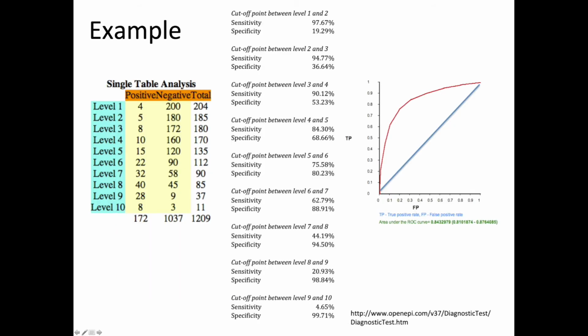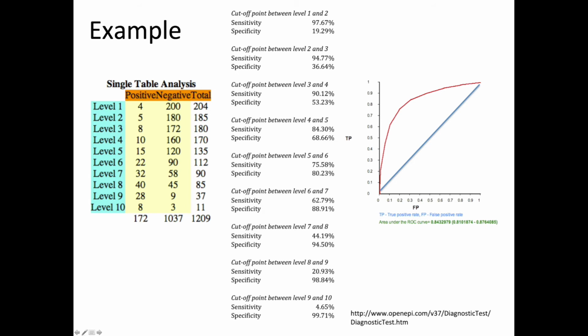So this is just an example. It's another good website for doing analysis and playing around with analysis. This is a hypothetical test that has 10 different levels, and this is the number of people who have scored positively and negatively at each level.